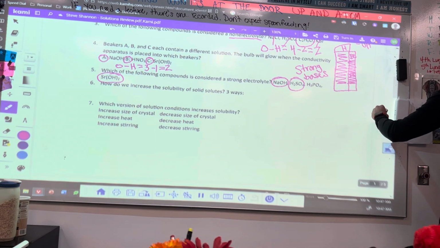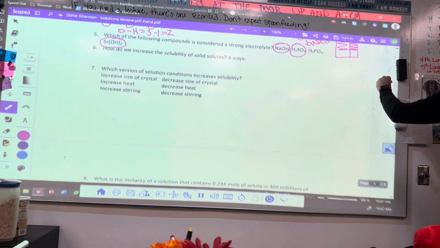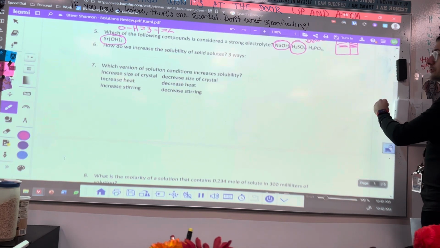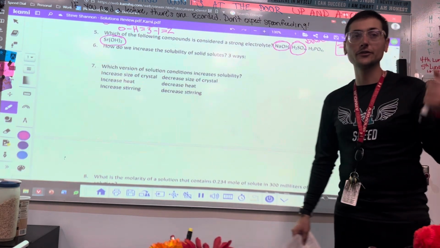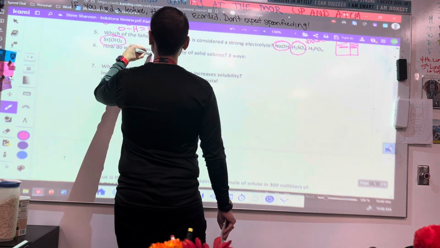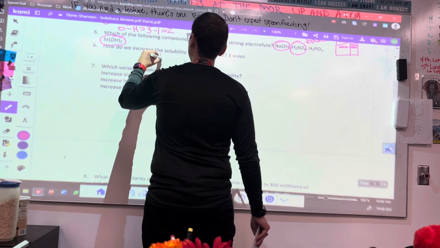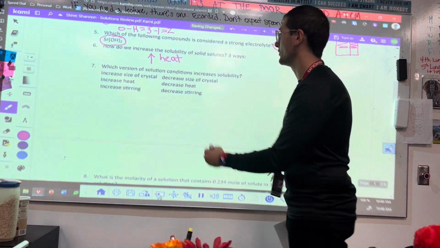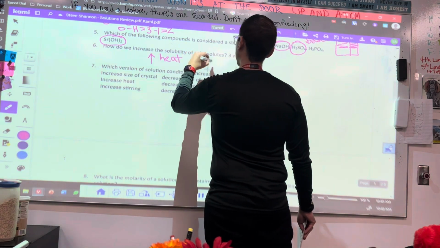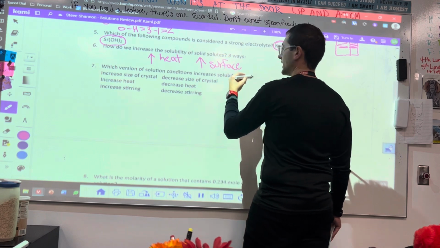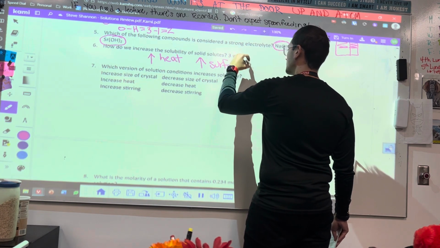Number 6, how do we increase the solubility of solid solutes? Increasing solubility. So, in order to increase solubility, we need to increase the heat. We need to increase the surface area so that the molecules can react with each other quicker.